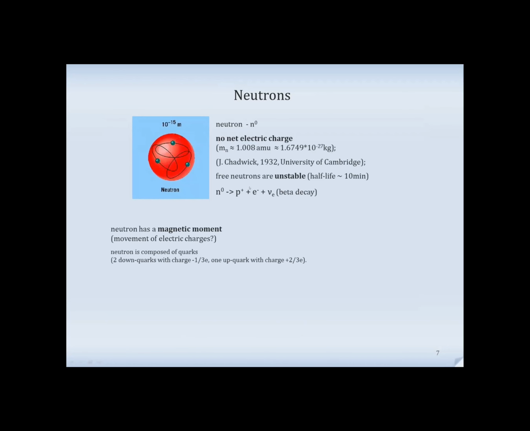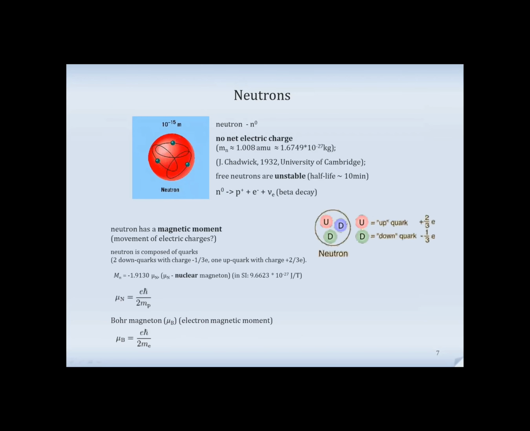The main feature of the neutron for our purposes is that it has a magnetic moment. Why does it have a magnetic moment if it's electrically neutral? It's quite easy, because it has some internal structure. It consists of 3 quarks, 1 up and 2 down quarks.